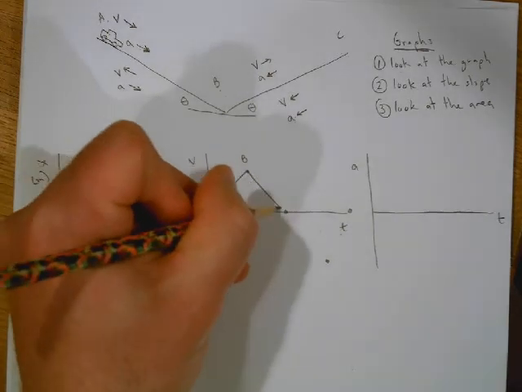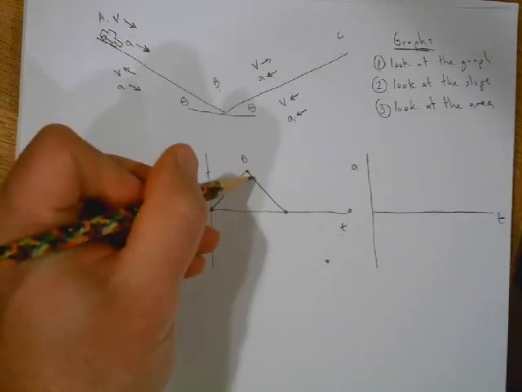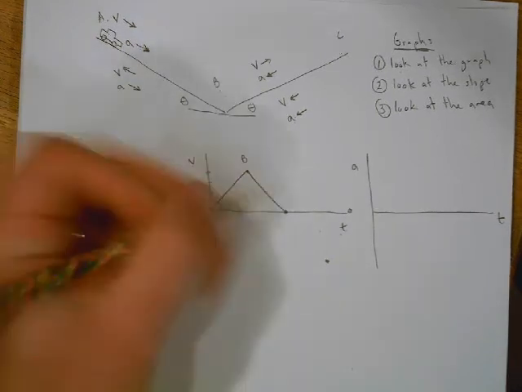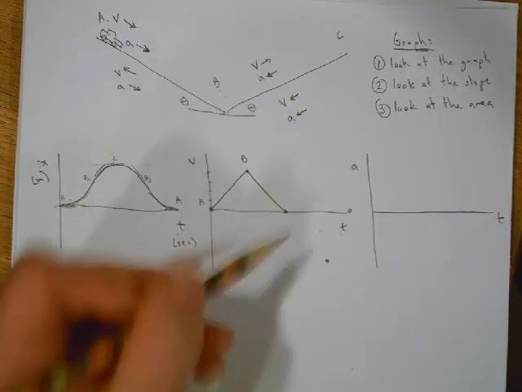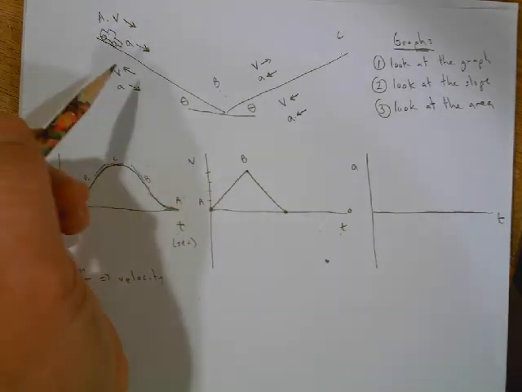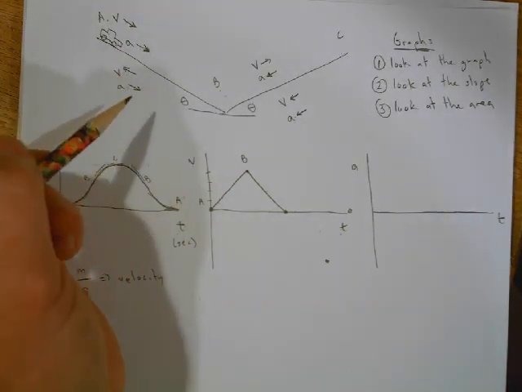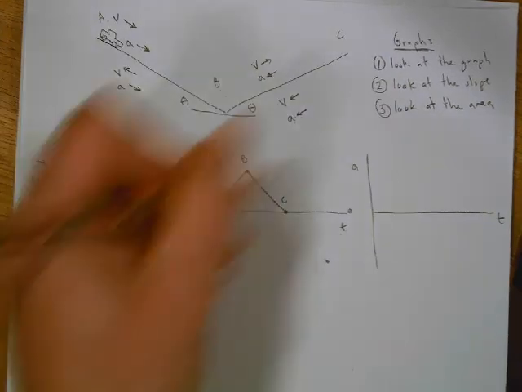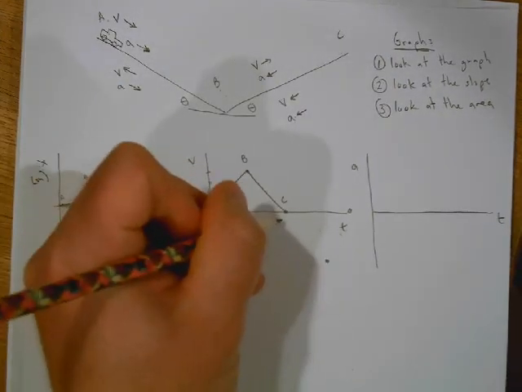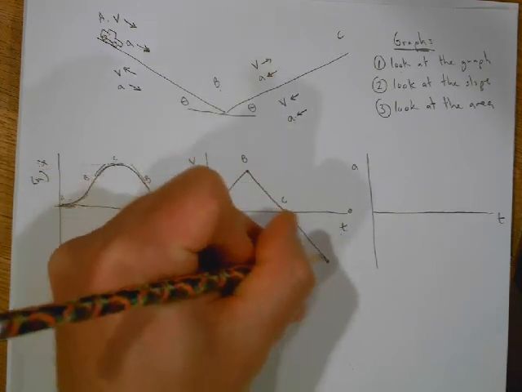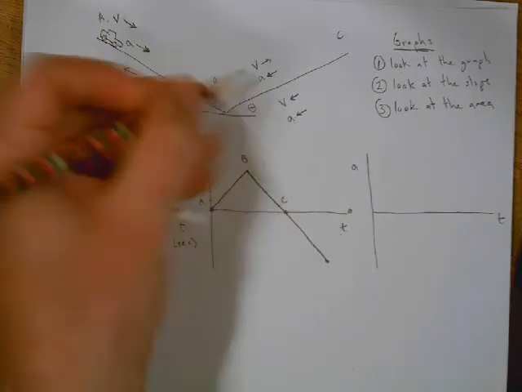And then I'm slowing down going forward. If I was imagining numbers, 4, 3, 2, 1, 0. Okay, and yes, that should be a straight line. And then for this next part, this would be point C, when I'm going back down. For this next part, it would be, well, now I'm speeding up going backwards.